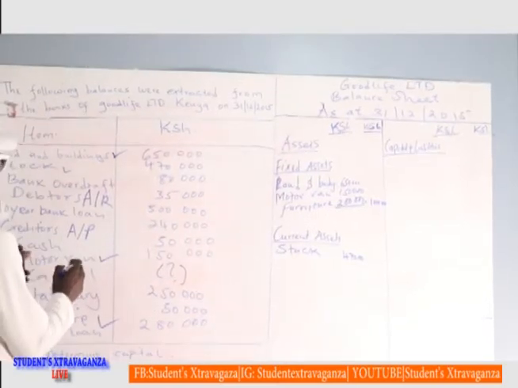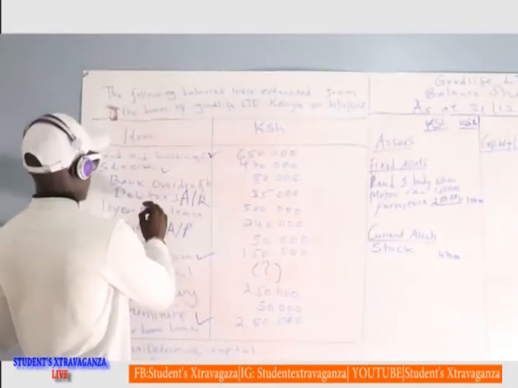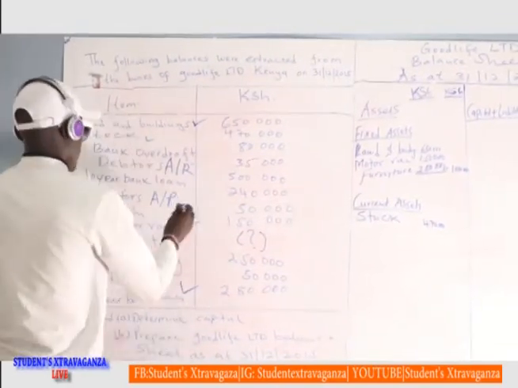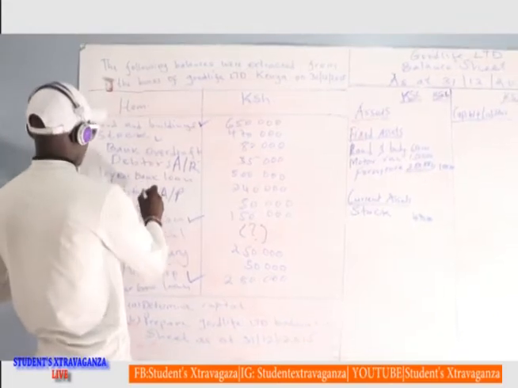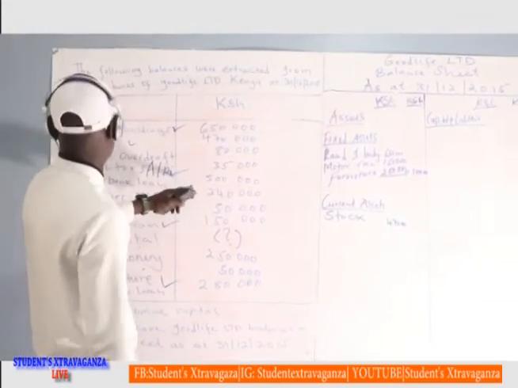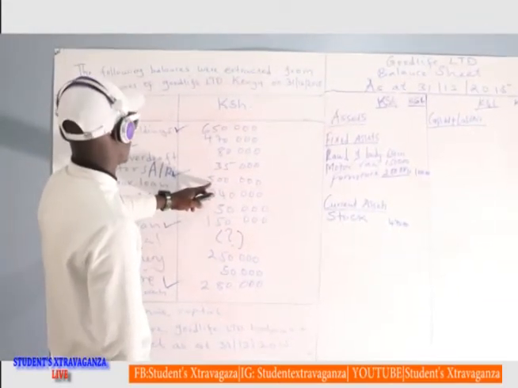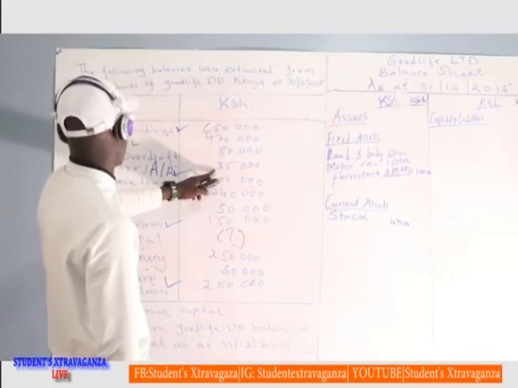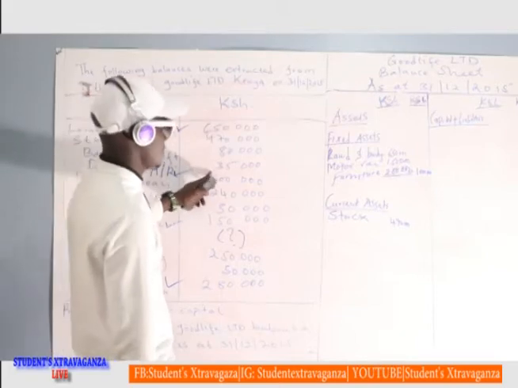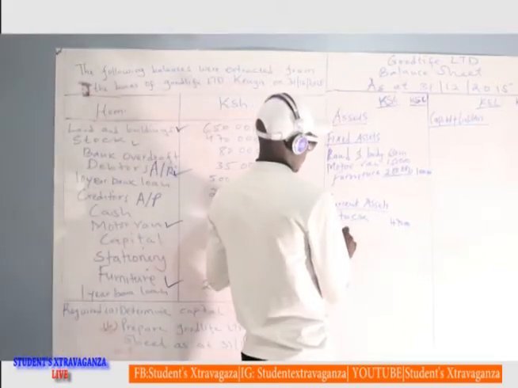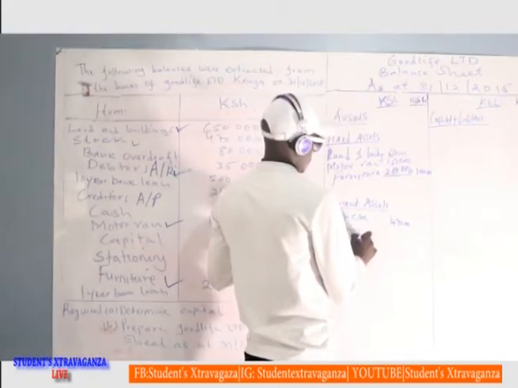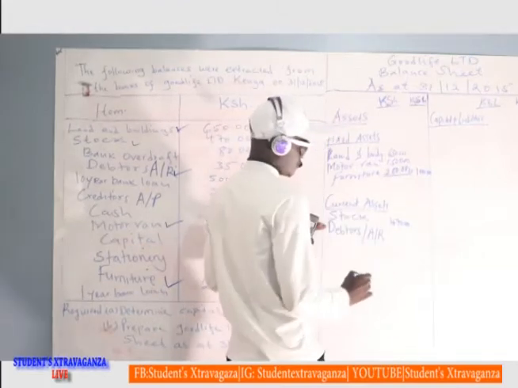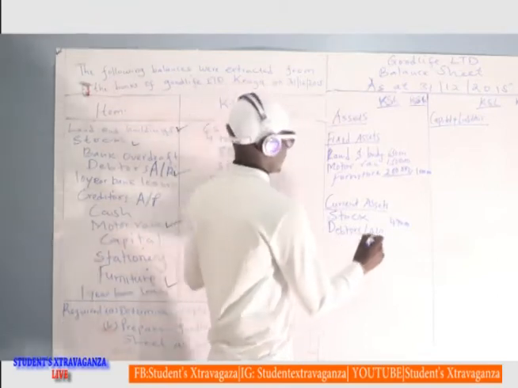We have debtors or accounts receivable as 35,000. Debtors, stroke accounts receivable, is 35,000.